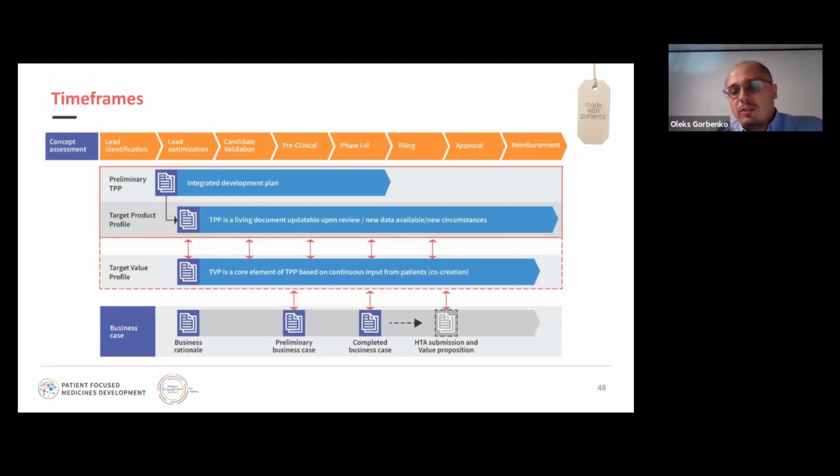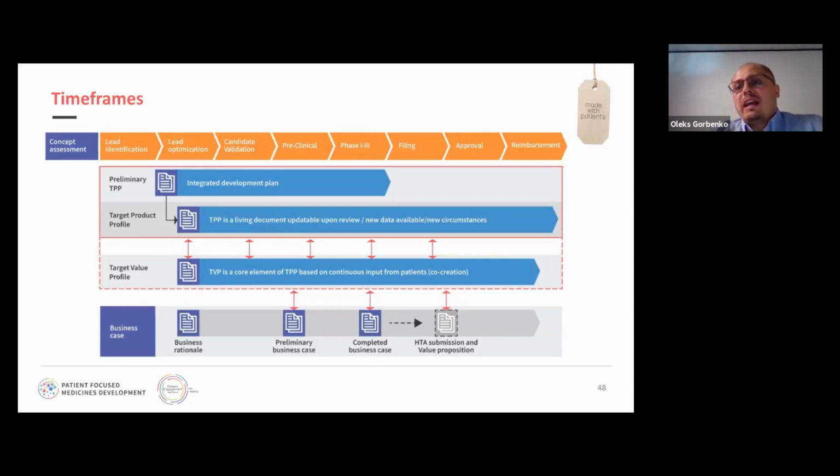You can see a lot of stages. Early stages like lead identification, lead optimization, candidate validation or target validation. And upon target validation, the real work starts, with researchers working to develop the medicine.